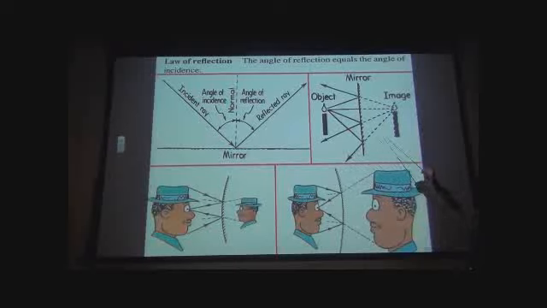Extend the reflected ray backwards, and that gives you the image. So each of these reflected rays behaves as if it was emitted by the flame in the image of the candle in the mirror, right? So that's what determines the apparent location of the image.